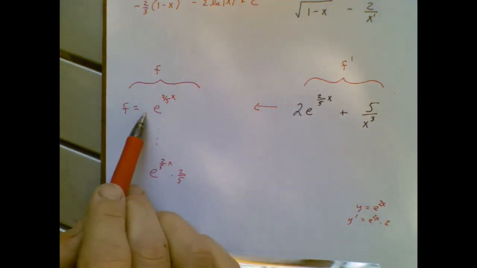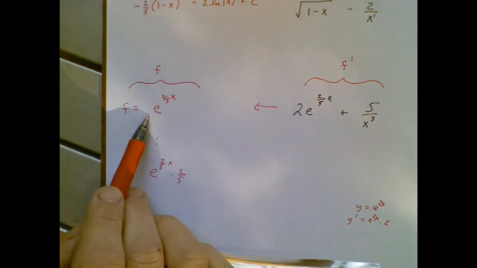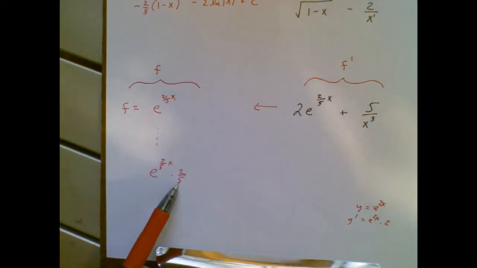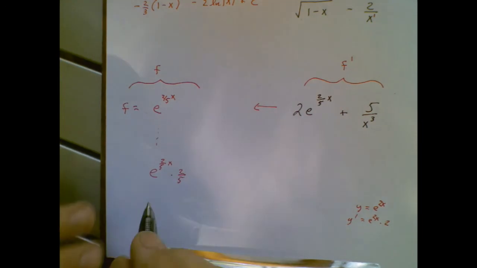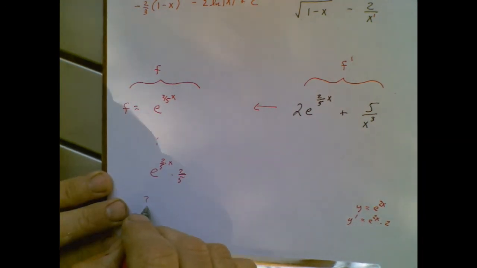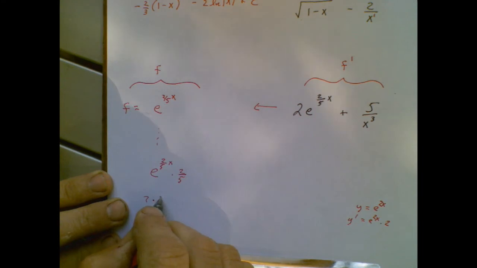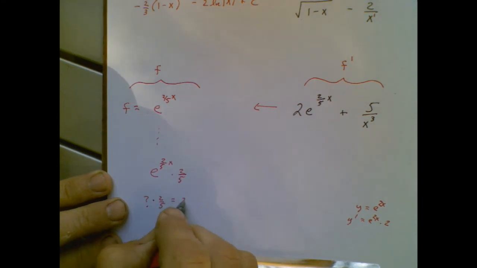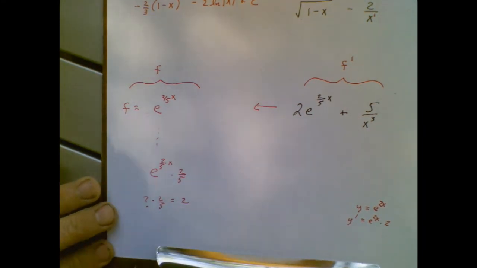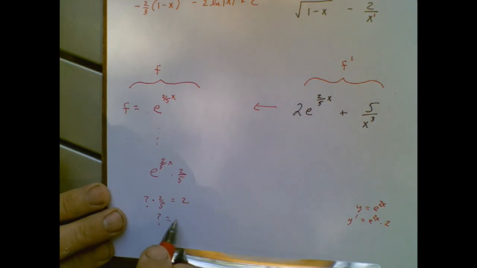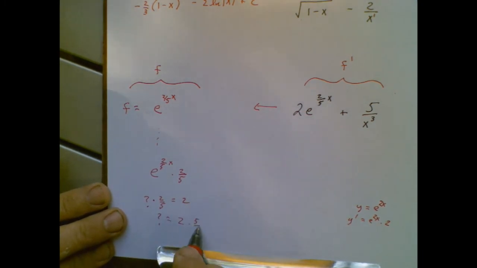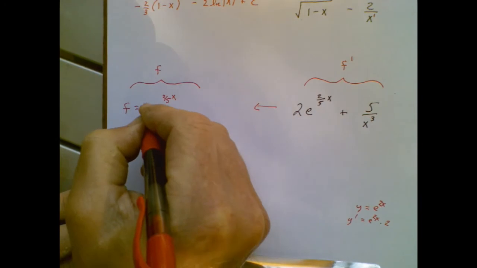So I need something on here so that it combined with the multiplying by 2/5 gives me 2. So what I say is, what mystery coefficient times 2/5 would give me a 2? That mystery coefficient can be solved via algebra, and it ends up being a 5.